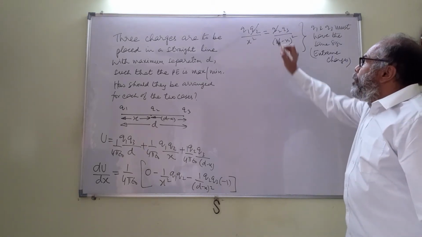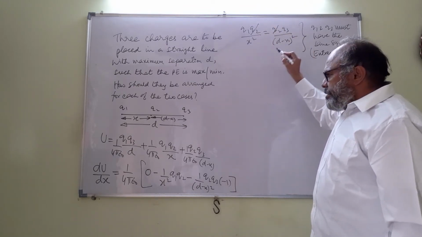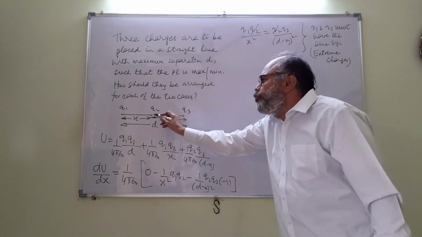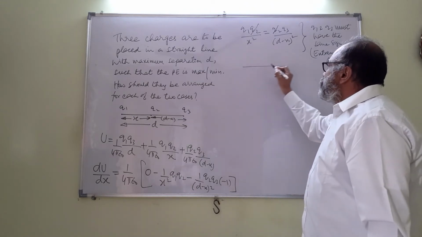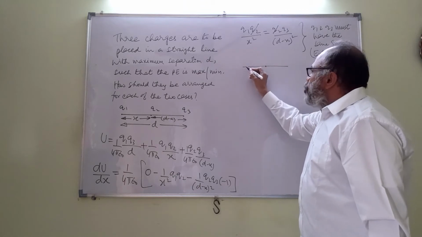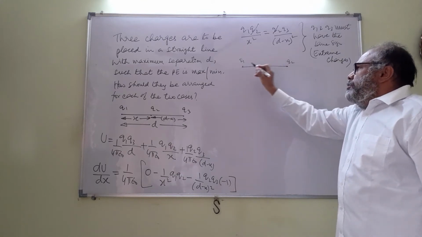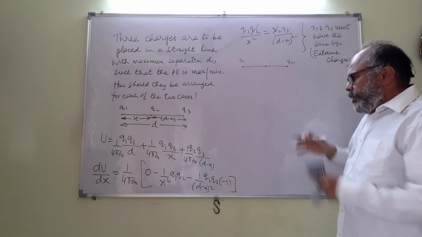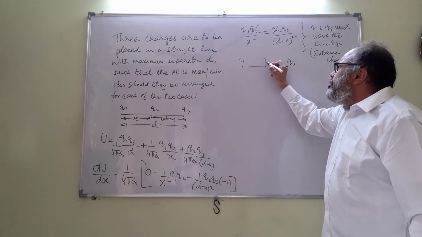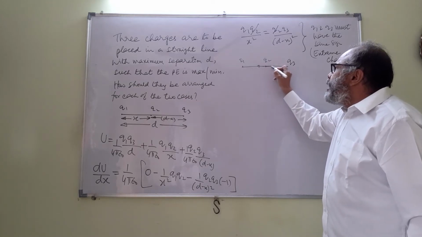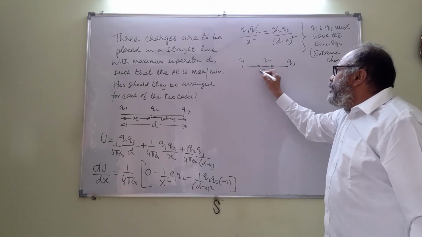We also note one thing, that this quantity here is nothing but the force on Q2. If Q1 and Q3 are having the same sign, whatever be Q2, Q2 will either be attracted or it will be repelled.